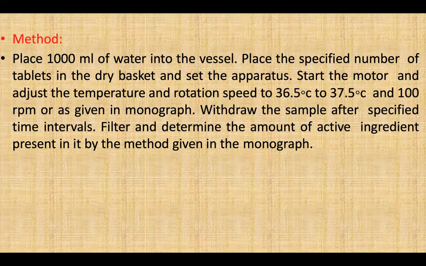Start the motor and adjust the temperature to 36.5 to 37.5 degrees Celsius and the rotation speed to 100 RPM or as given in the monograph. Withdraw the sample after specified time intervals, filter, and determine the amount of active ingredient present by the method given in the monograph.